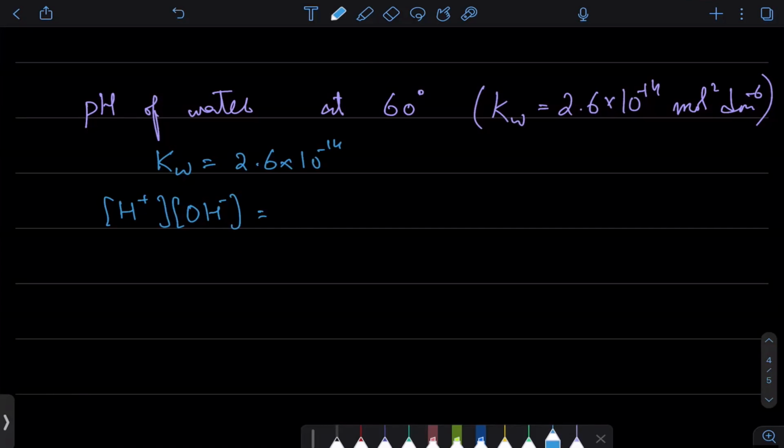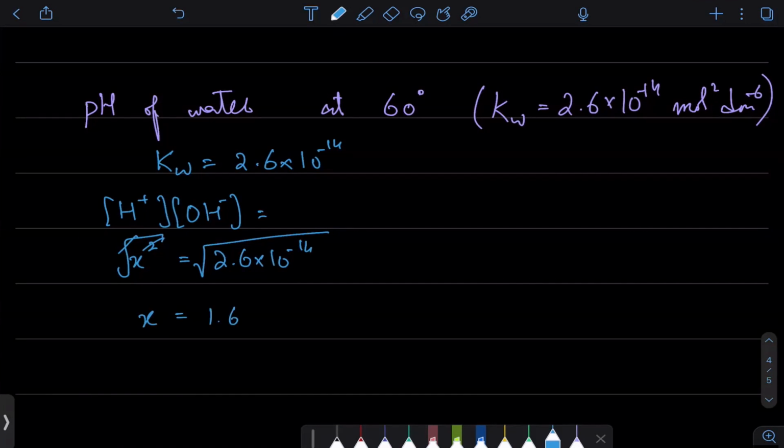If H positive is X, then OH minus is also X. So that makes it X squared is equal to 2.6 times 10 power minus 14. And that will give me square root of this is going to be my answer. So square root of 2.6 times 10 power minus 14 is going to be my H positive concentration, which is a really low value, by the way.